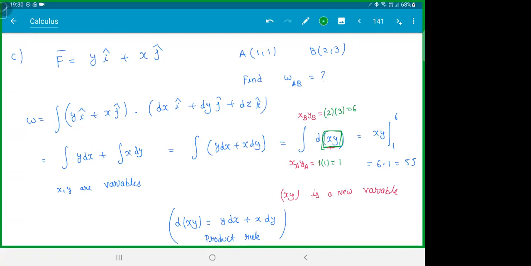All got this? Now, using the same logic, I'll give you one more. Let's say the force is y square i cap plus 2xy j cap. Can you find the work done? This is also a perfect differential. We will write that statement.